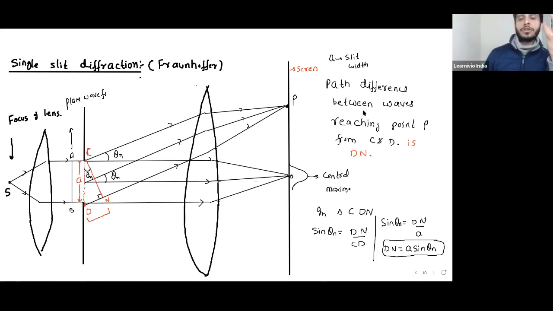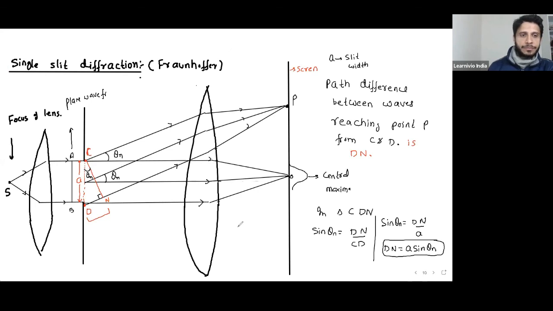Next, we need conditions for the bright and the dark fringe. But there are a few more things that we can calculate. What is theta n here? Theta n will tell you the position of the fringe. If I take a fringe Q here, how will this theta vary?